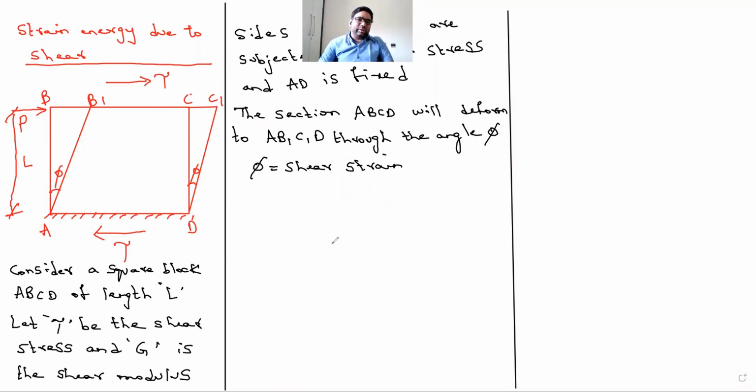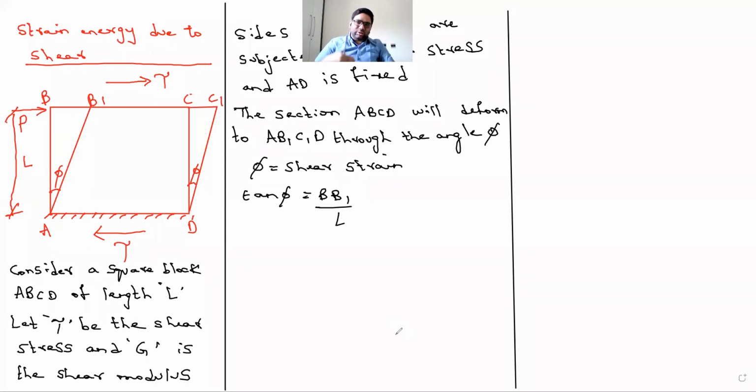Now, tan phi is equal to opposite side by adjacent side. Opposite side is BB1 and adjacent is L, the height. So tan phi is equal to BB1 by L. Whenever we talk about shear, strain itself is a small parameter. Does strain have any units? No, strain doesn't have any units.